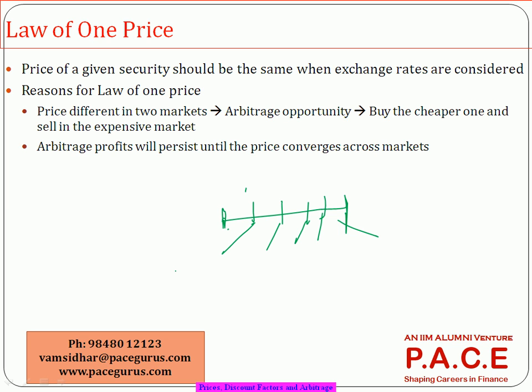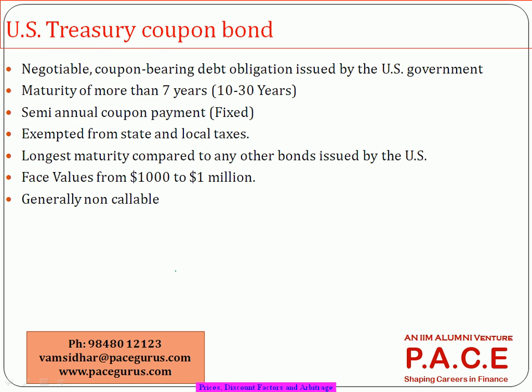So the law of one price is simply saying that the same product, with everything remaining the same and no other costs coming into the picture, cannot be priced in two different ways in two different markets. People will try to exploit that kind of arbitrage opportunity, assuming that no other interventions are in place.